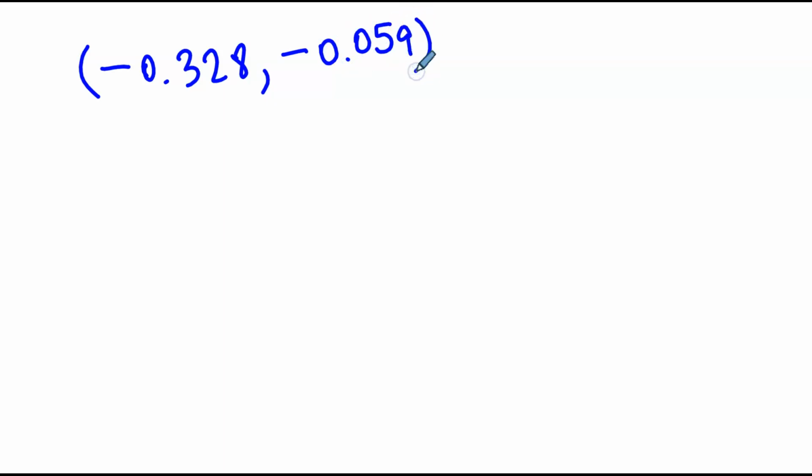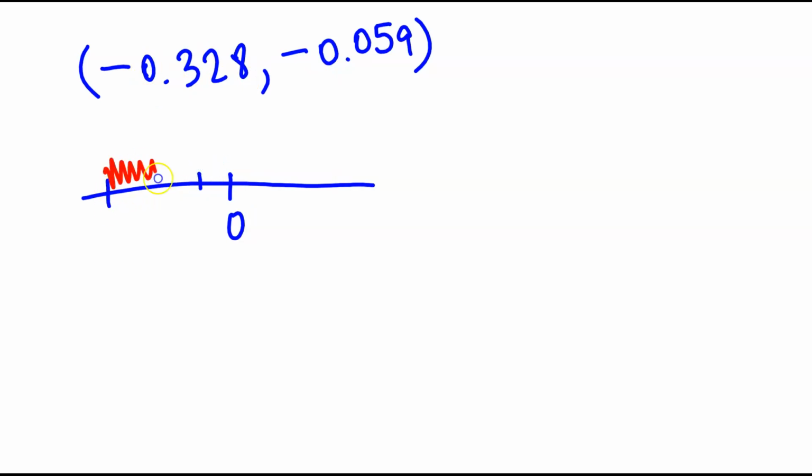If, hypothetically speaking, we got limits that are negative, for example, negative 0.328 to negative 0.059, on the number line this interval will be on the left side of the zero because both numbers are negative.